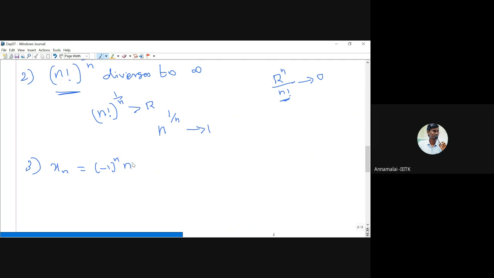Suppose they ask: a divergent sequence means you cannot say it either diverges to plus infinity or diverges to minus infinity. Even though the sequence diverges, it neither diverges to plus infinity nor to minus infinity. So this is an example.